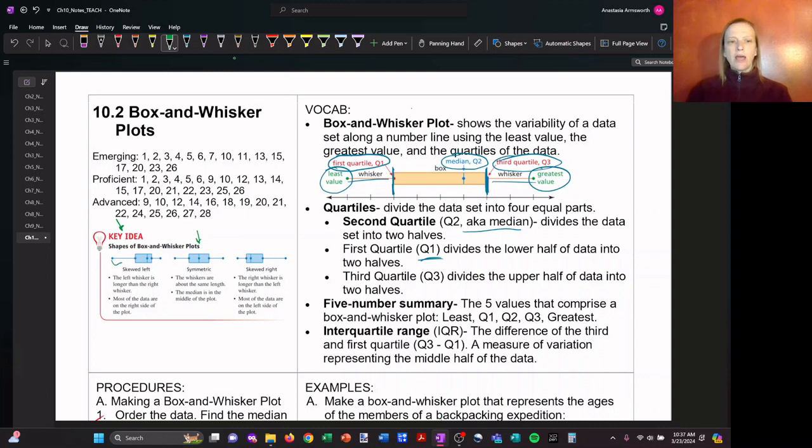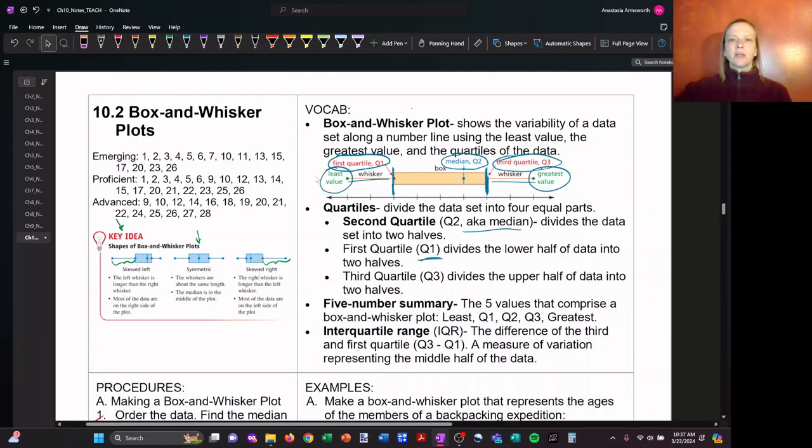Skewed left means that your left whisker is longer than the right whisker. Skewed left means most of the data are actually piled up on the right side of the plot. But I like to focus on that left whisker because left whisker, skewed left, the terms kind of go together. And of course, the opposite of that is being skewed right, when your right whisker is really long. And so most of the data are kind of piled up on the left side of the plot.